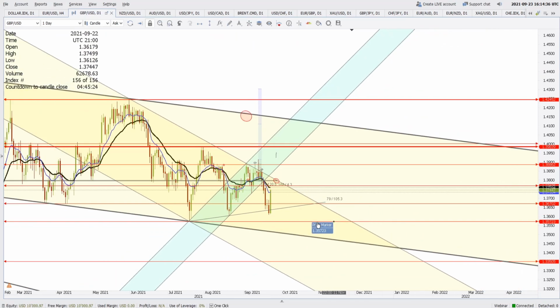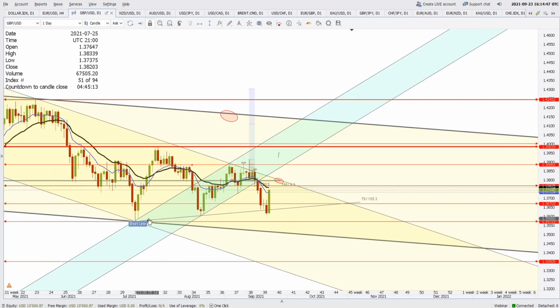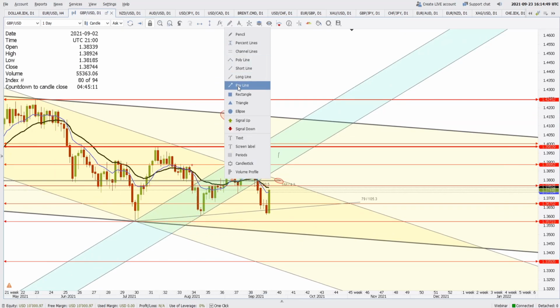Also there is a possibility of a triple bottom here, because the price once went here, second time went here, third time. Okay, I'm expecting another thing here. There is a possibility of a triangle pattern here actually.